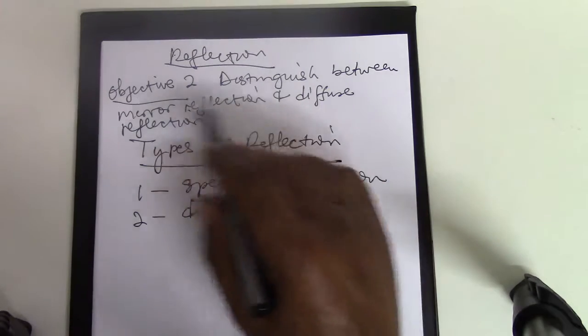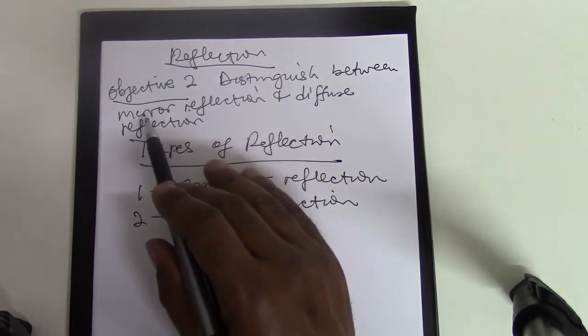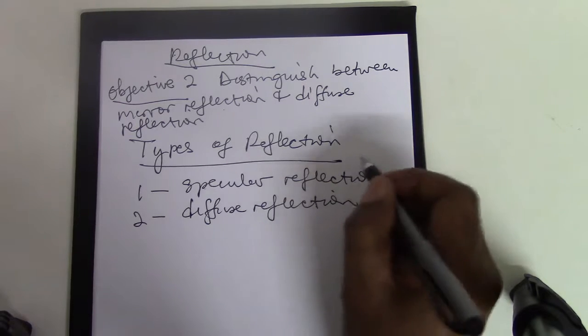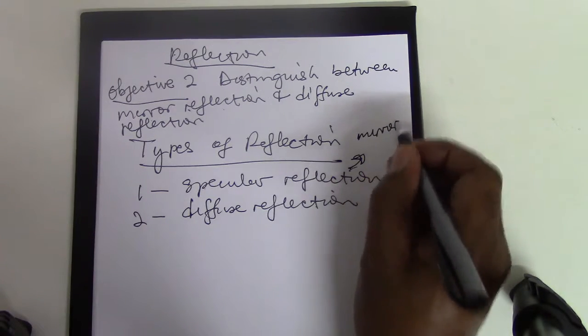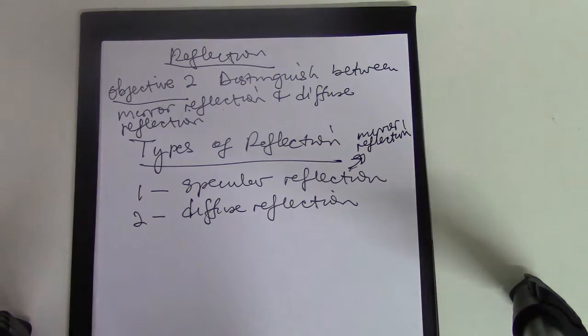So according to our objective, we are supposed to distinguish between mirror reflection and diffuse reflection. This specular reflection is also what is called mirror reflection.